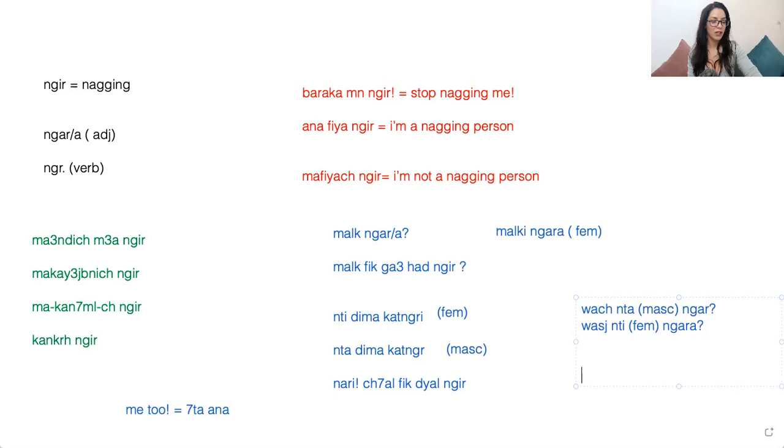Over here it's wesh. So we can use wesh huwa to mean is he, or wesh hiya for she, and the rest of the sentence is the same. You do not change it.